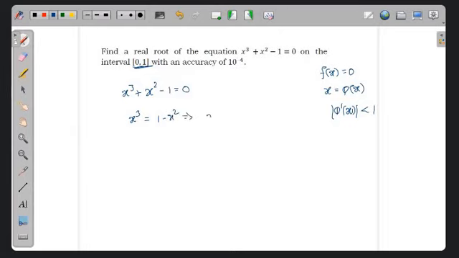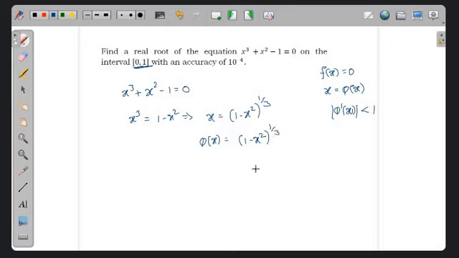Now this implies x equal to (1 minus x square) whole to the power of 1 by 3. So for this choice of phi of x, phi of x is nothing but (1 minus x square) whole power 1 by 3.